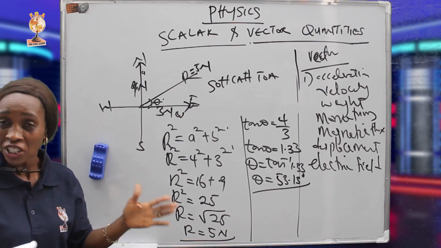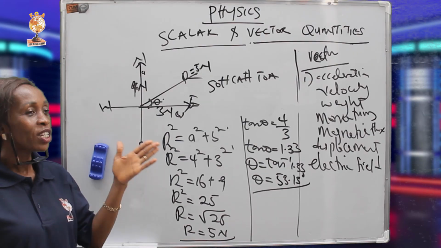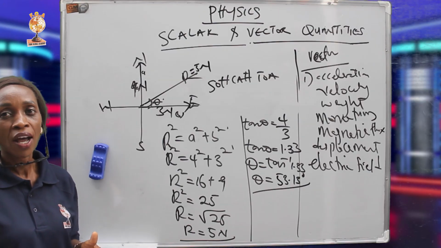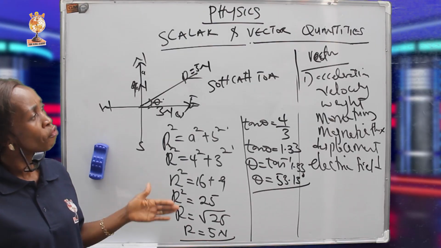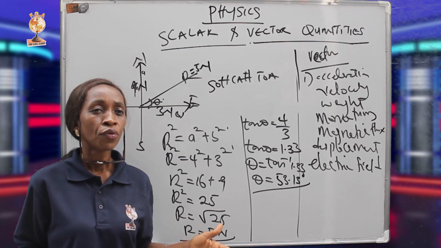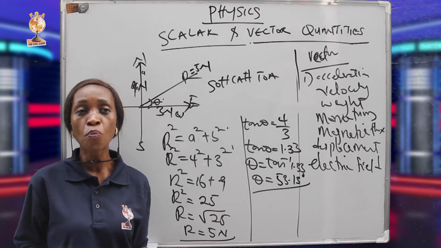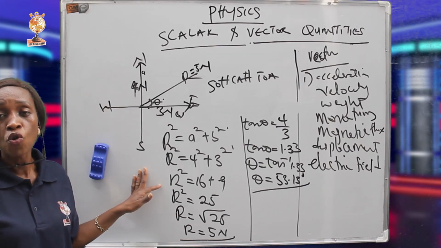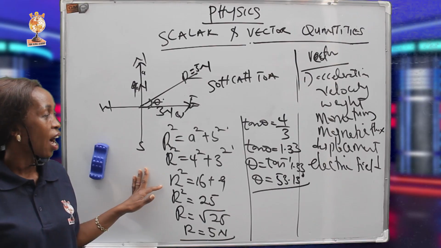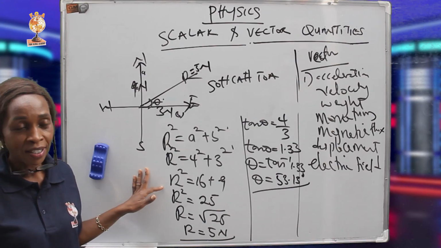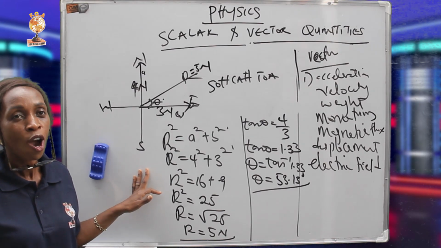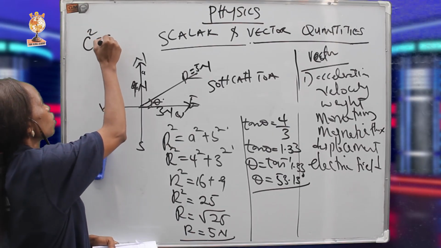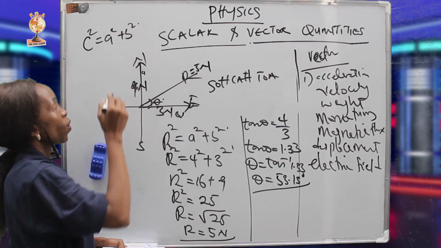It's approximately 53 degrees. And so it is not 90, it's not 45, it's slightly above 45 degrees. So if you have two vectors of two different quantities in the opposite direction, we use the formula of Pythagoras' theorem, which is r squared equals a squared plus b squared, or in mathematics it's c squared equals a squared plus b squared.